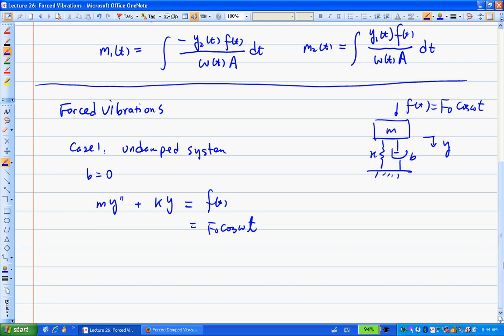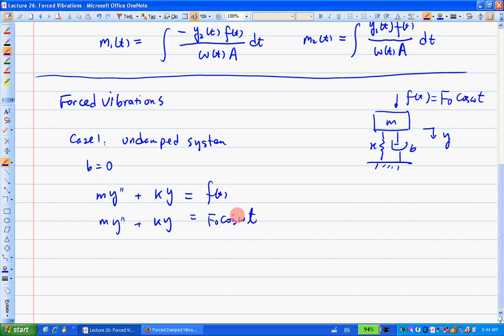All right? So let's take a look at this first case, the undamped system. What we have here is a non-homogeneous equation with a sinusoidal input on this side. Now think about the general approach of solving this kind of system. You have two different methods: the method of undetermined coefficients and variation of parameters.